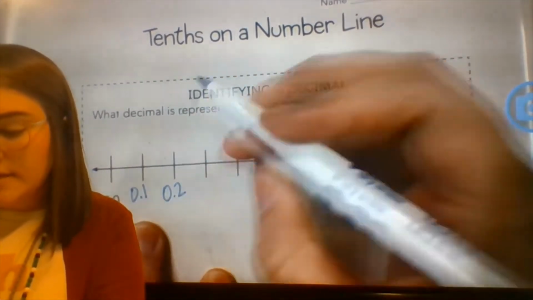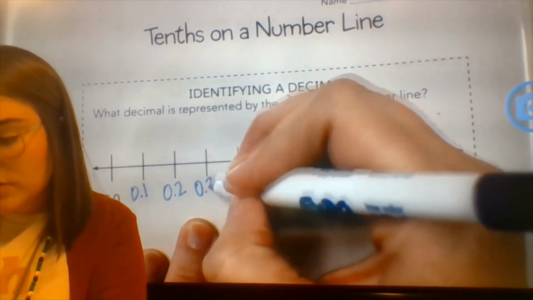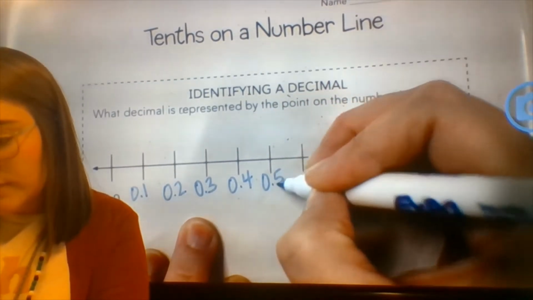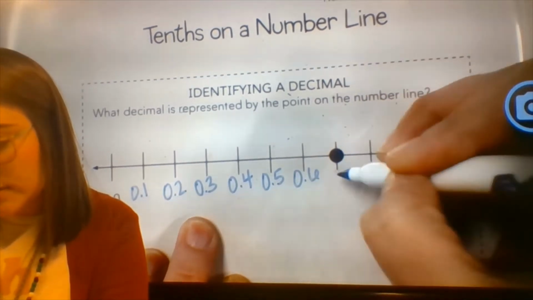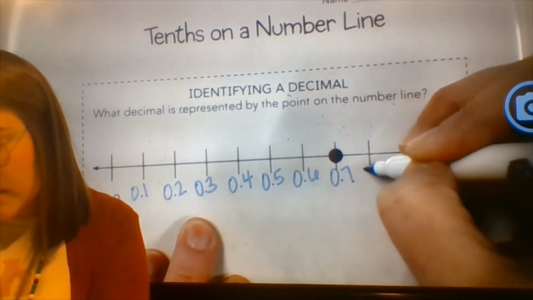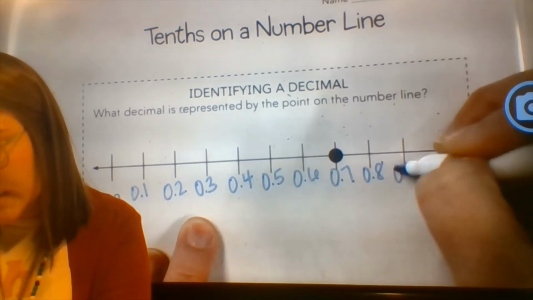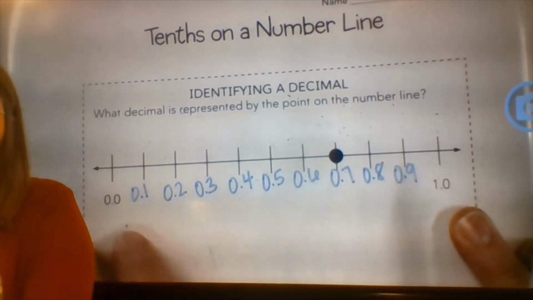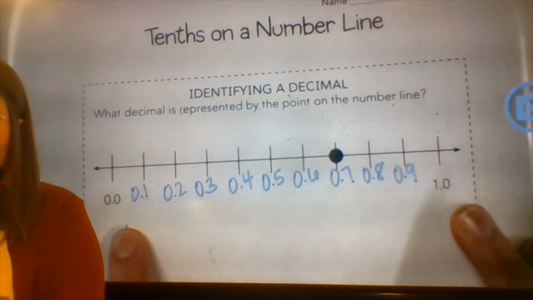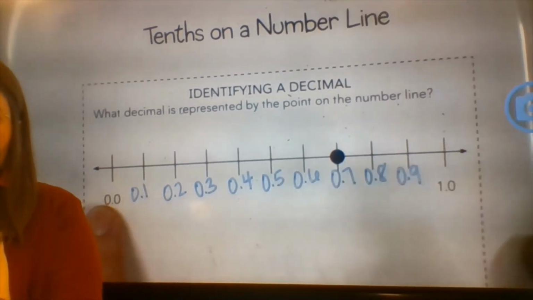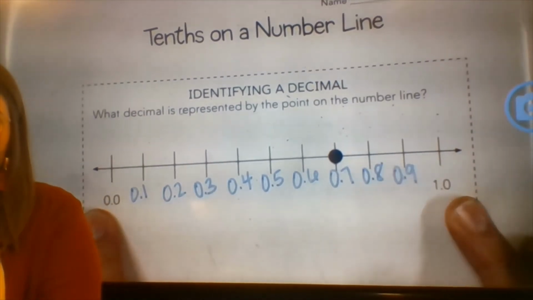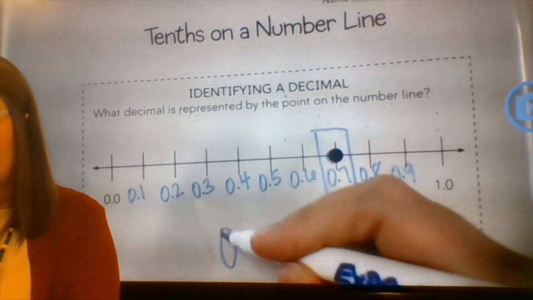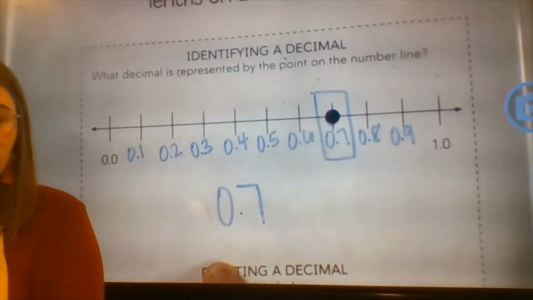So I know 1/10, 2/10, 3/10, 4/10, 5/10, 6/10, 7/10, 8/10, 9/10, and a whole, because there are 10 tenths in between two whole numbers. Between 0 and 1, 2 and 3, 3 and 4, there are 10 tenths. So this dot is 7/10.